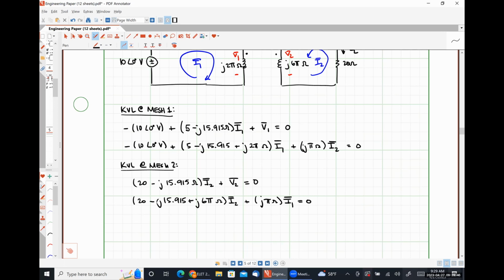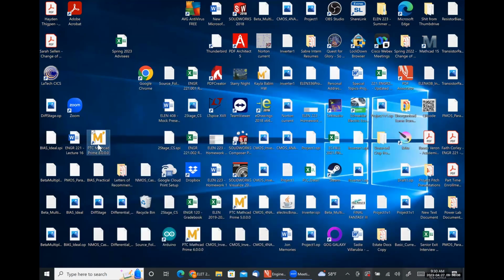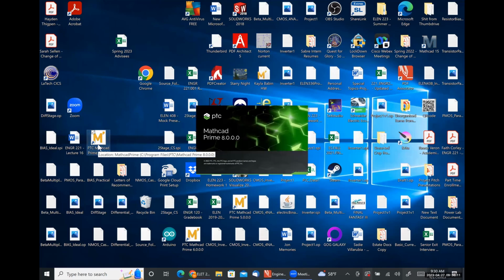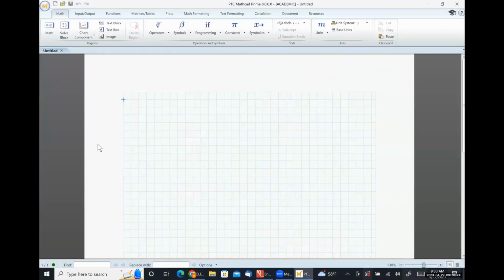And now we have to solve this system of equations. Because it's a system using complex numbers, that's a MathCAD problem. So let's go ahead and do it using MathCAD. Taking longer than I want it to open up, but that'll be okay.